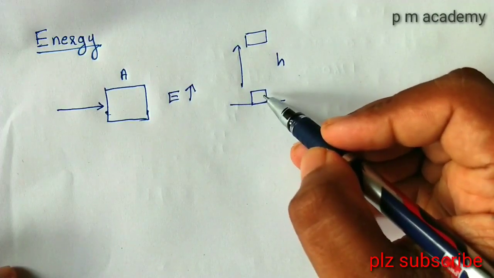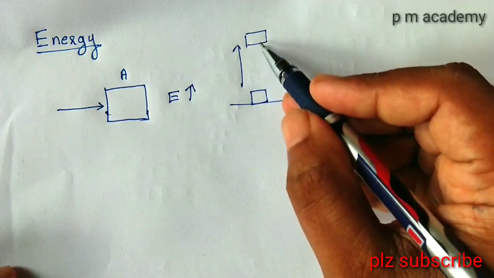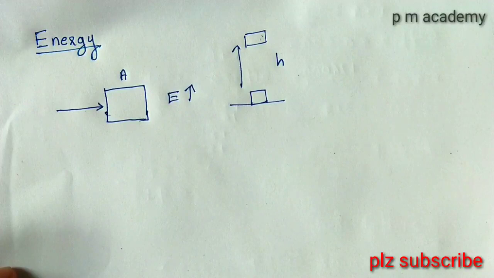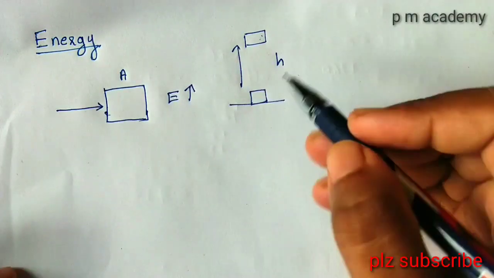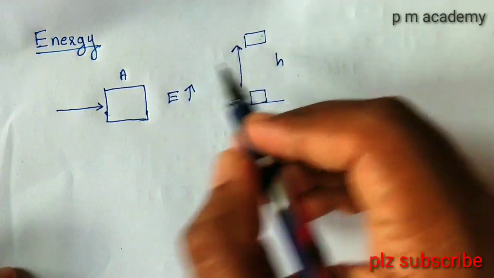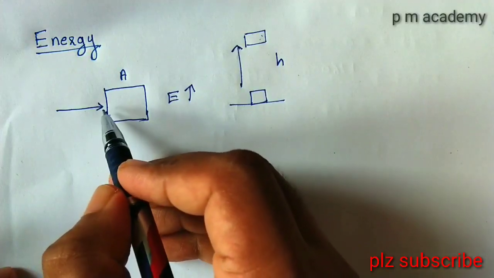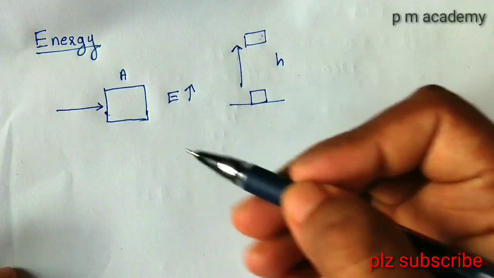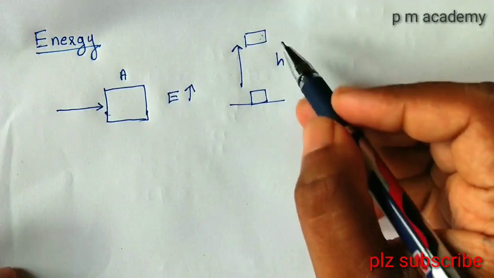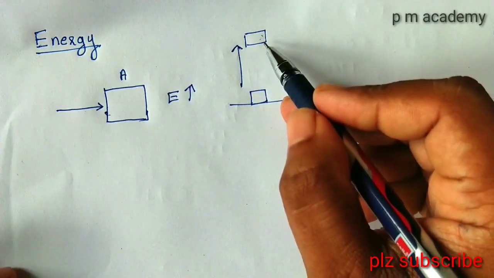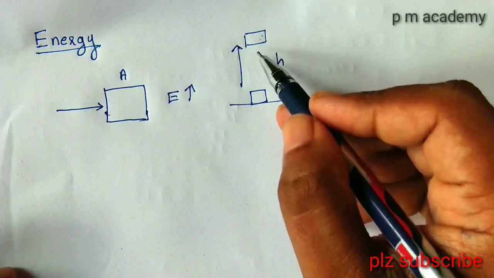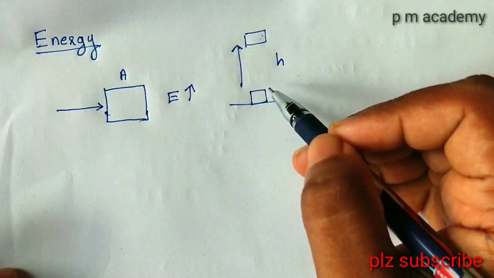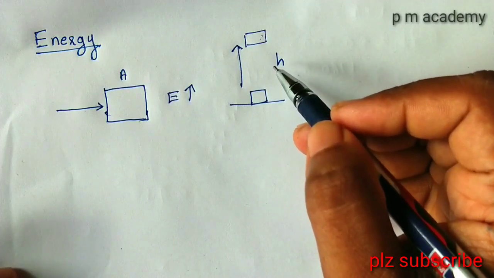By doing work on it, it rises to a particular height, and that object gains some energy. The energy of that object will increase. This energy, gained by raising an object to a particular height, is known as gravitational potential energy. About that we will study later.